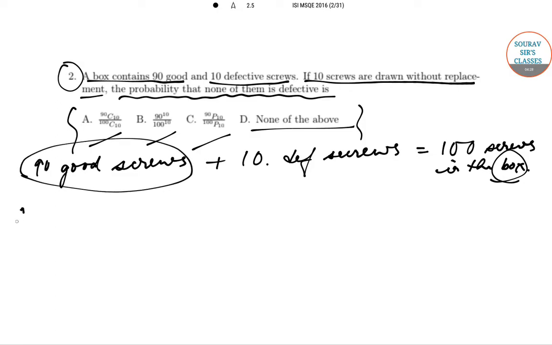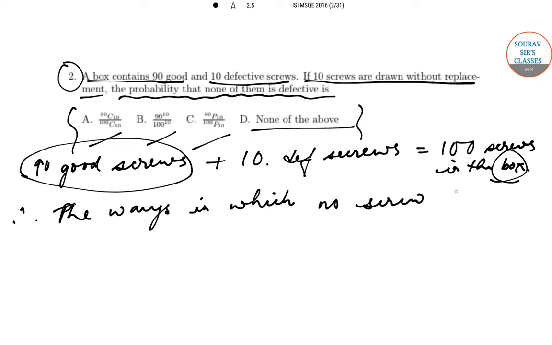So let us start with the number of ways in which no screw is defective, which is the case where we are taking out the 10 screws from the 90 good screws.